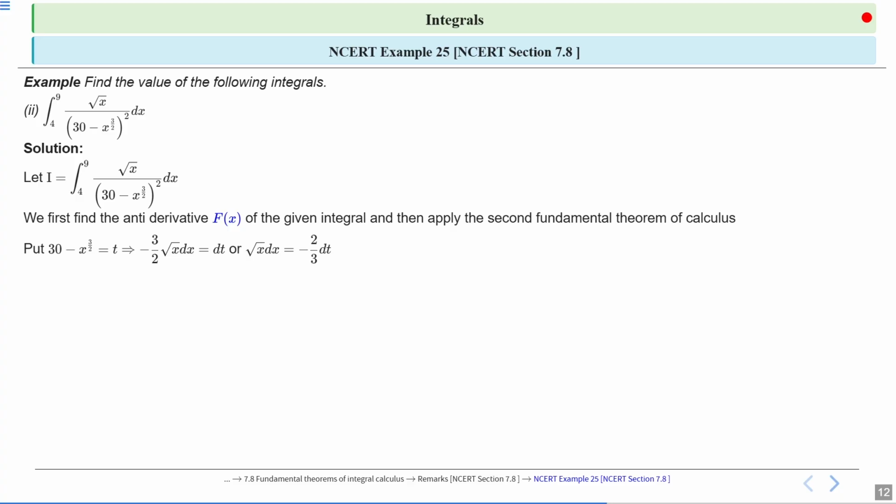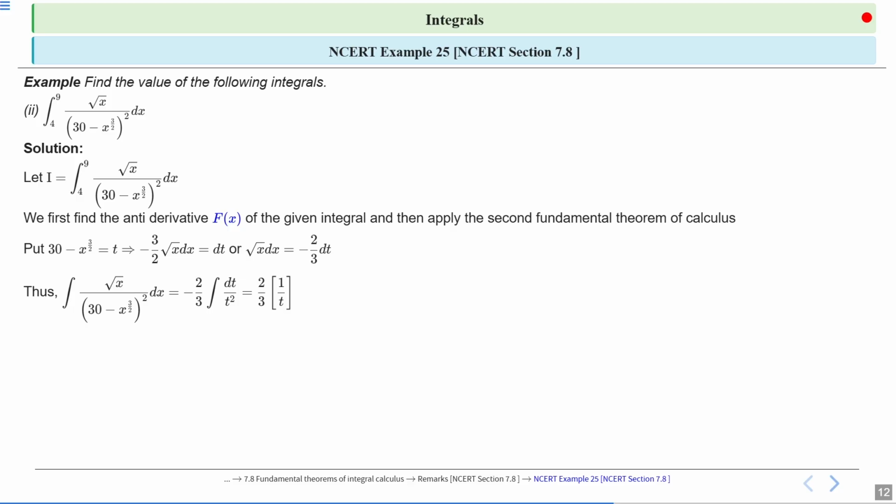So our integral becomes: root x dx is substituted as minus 2 by 3 dt, and in place of 30 minus x to the power 3 by 2 we put t. So we get minus 2 by 3 integration of dt by t square.